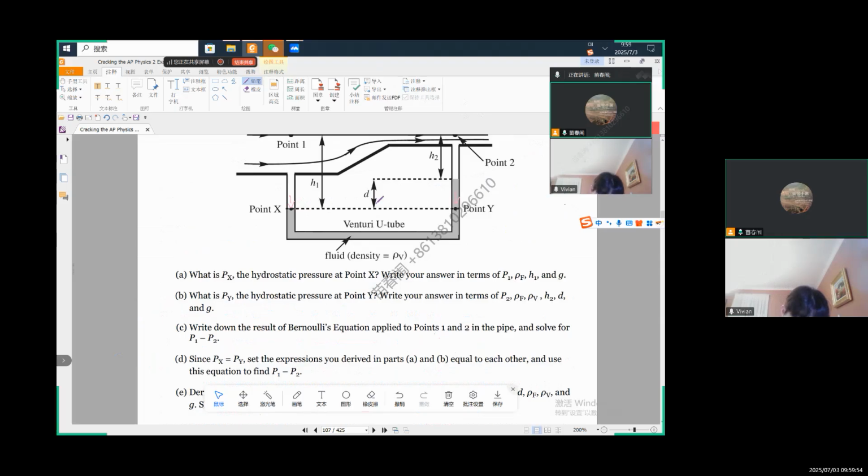So as long as it's static and at the same horizontal level, the pressure is always going to be the same. So Px equals Py. Is that okay? And we use the Bernoulli equation and the continuity equation a lot, and they can be put together as simultaneous equations.